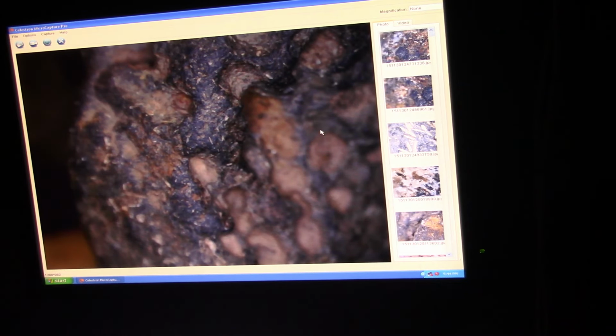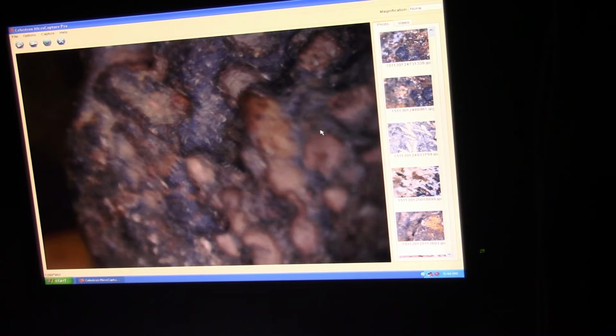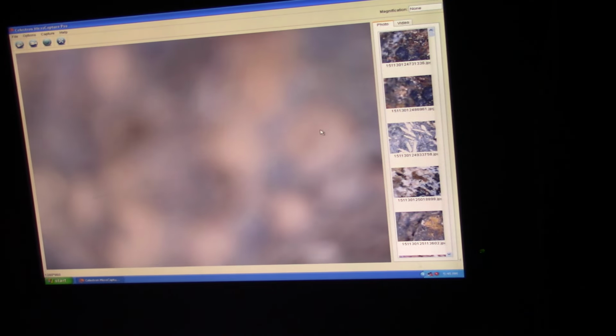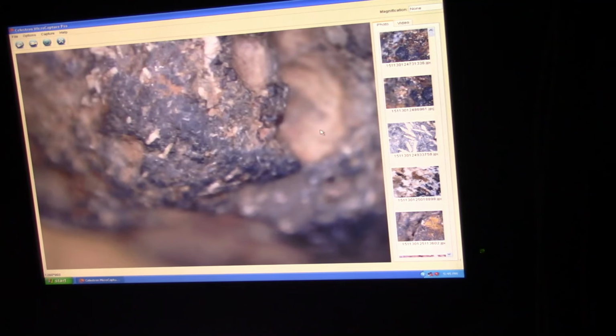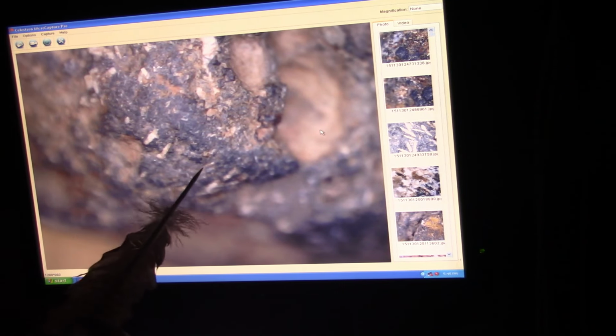Hold on, I can come closer to this. And you see those little white fibers. What you're going to see is these little bitty white fibers. You see them? Now that cooked off, but the white fibers are there.